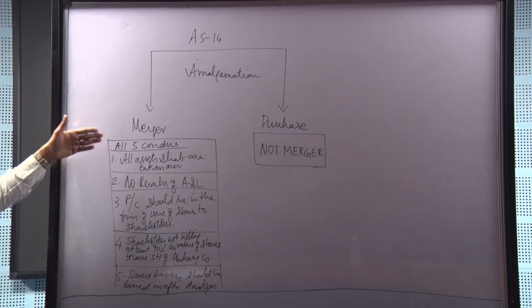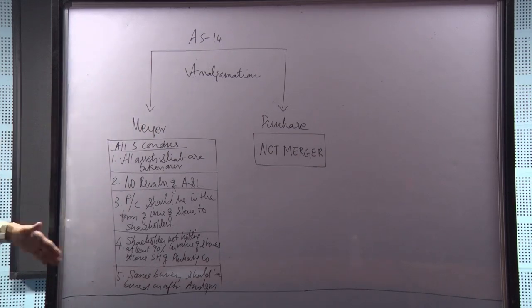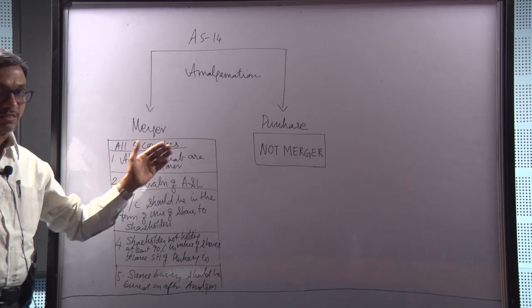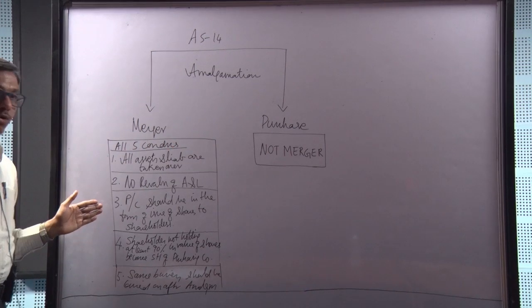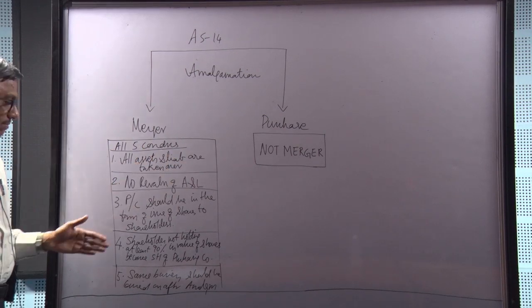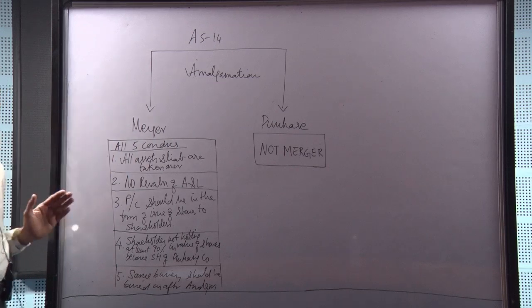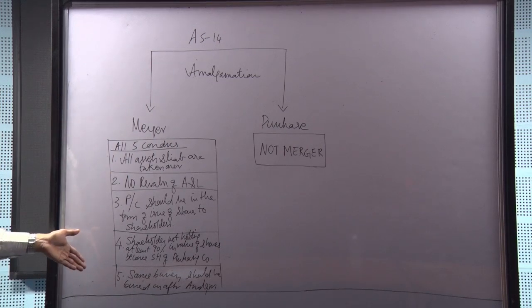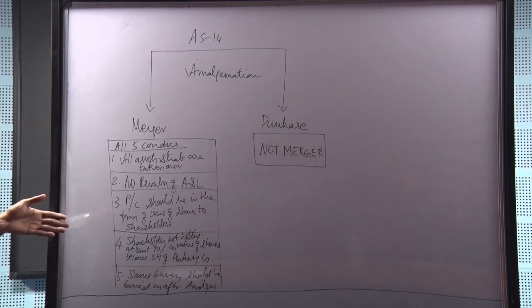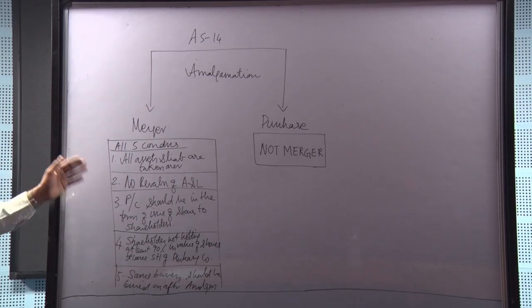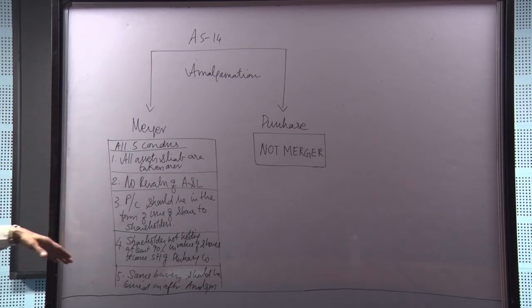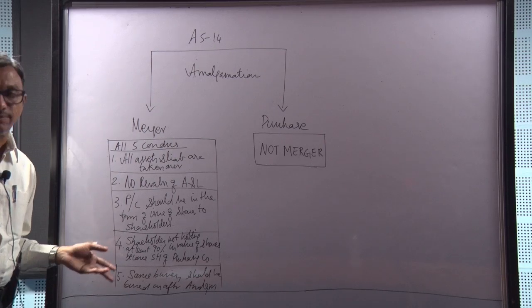Whether all the assets and liabilities are taken over, whether there is any revaluation of assets and liabilities, how the consideration is given, whether at least 90% of the shareholders become shareholders of the purchasing company. The last condition may not be given in the question. If all the first 4 conditions are satisfied, you can assume that the 5th condition is also satisfied.